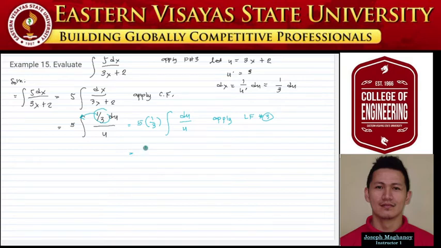So this is 5/3 ln of absolute value of u plus c. So we can recall our value of u, which is 3x plus 2. So for your final answer, 5/3 ln absolute value of your 3x plus 2 plus c. So this is your final answer for your number 15.